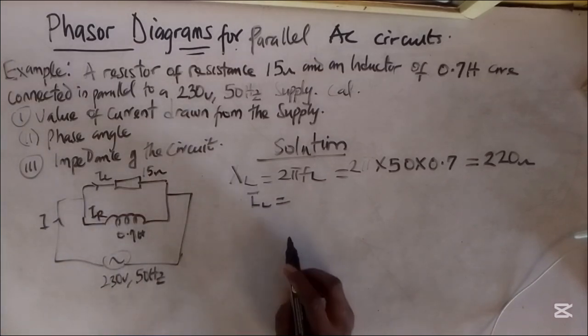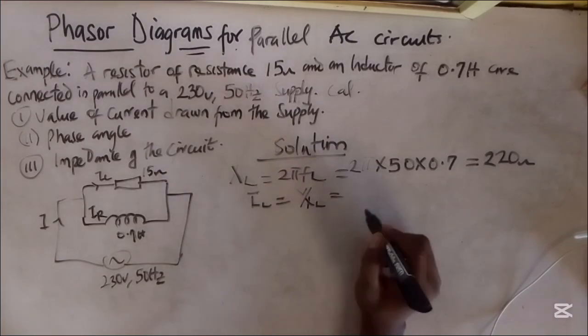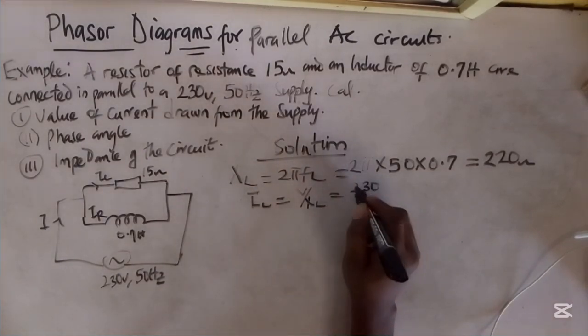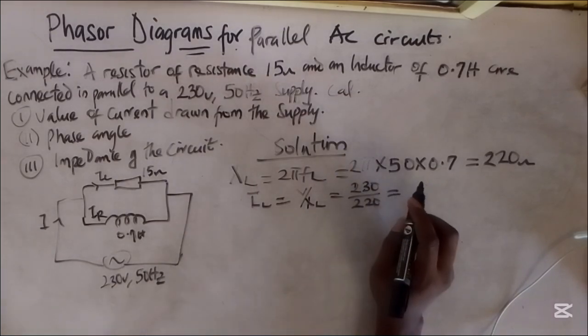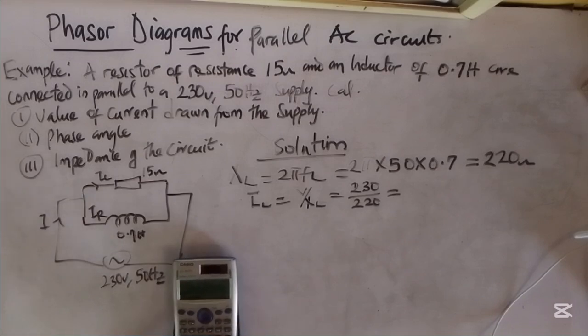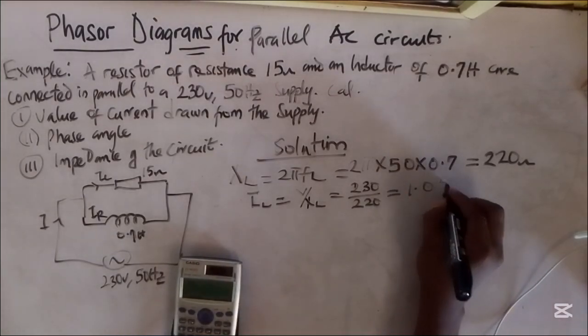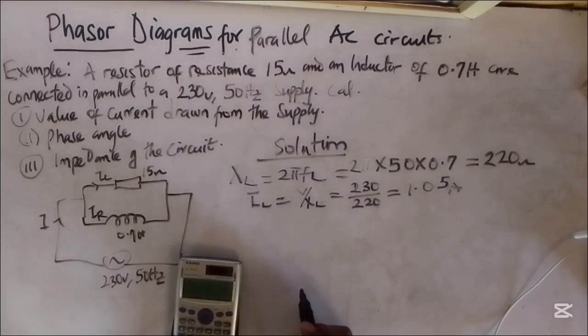So IL here is just V all over XL, which is 230 all over 220. This should give us the value of 1.05.